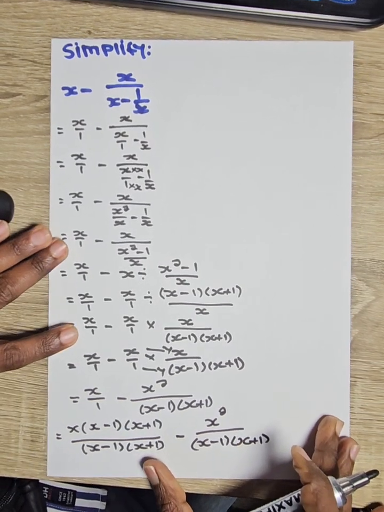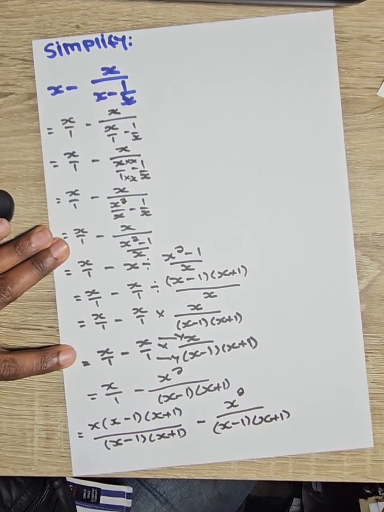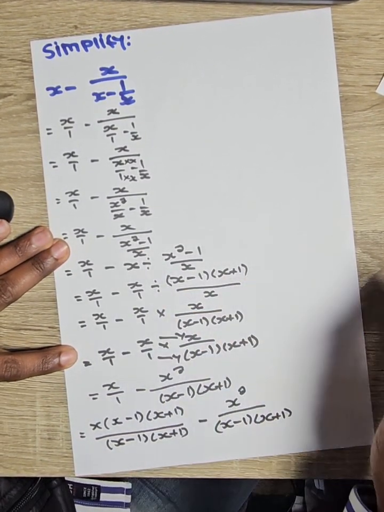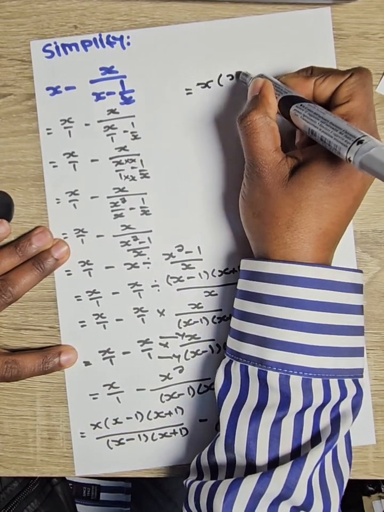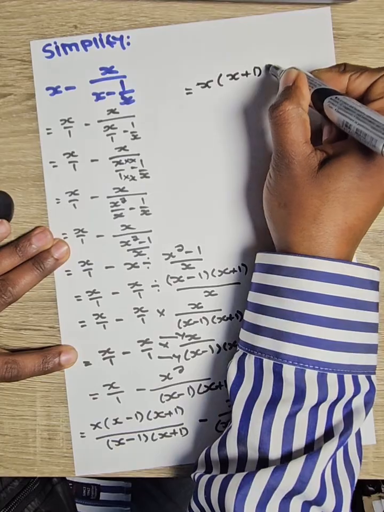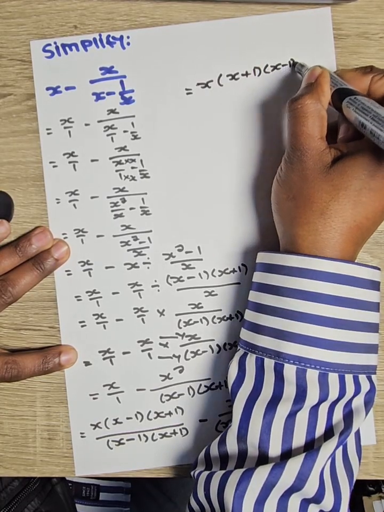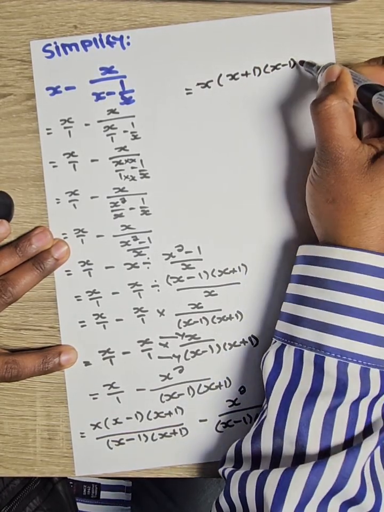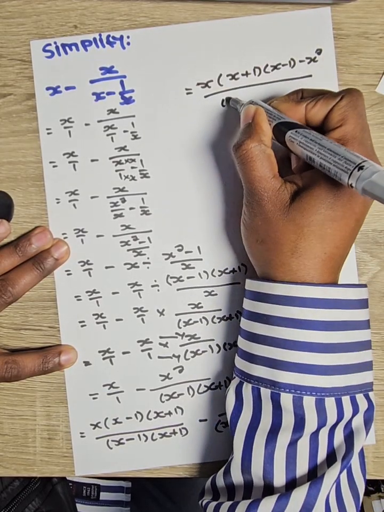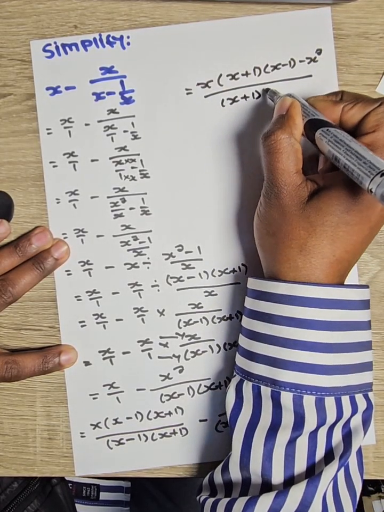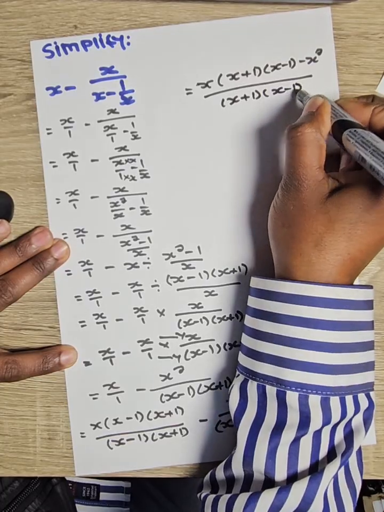Now I have made the denominators the same. I will therefore say this simplifies to x times x plus 1 x minus 1 over x plus 1 x minus 1, minus x squared over x plus 1 x minus 1.